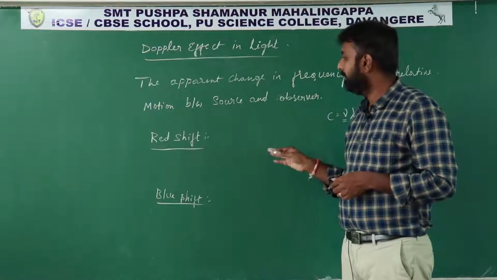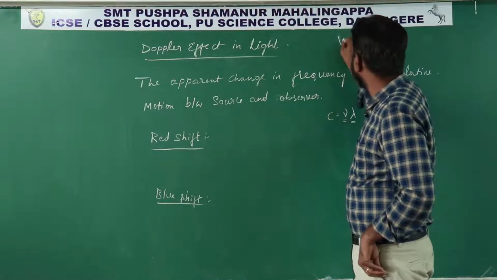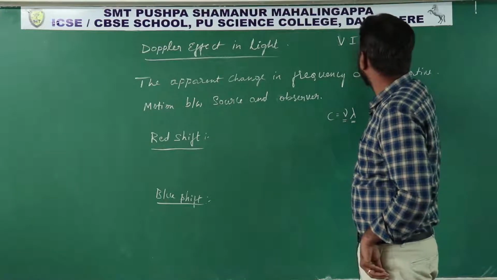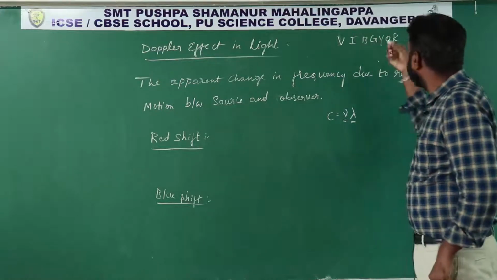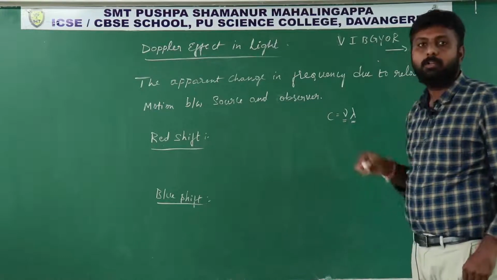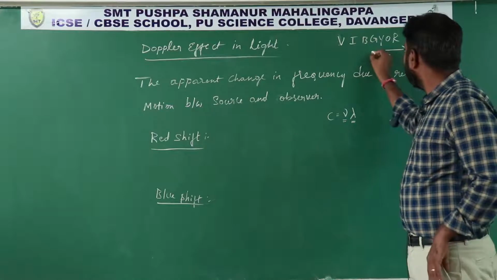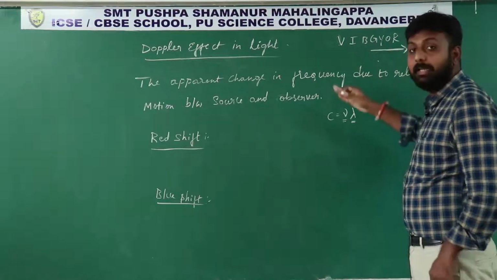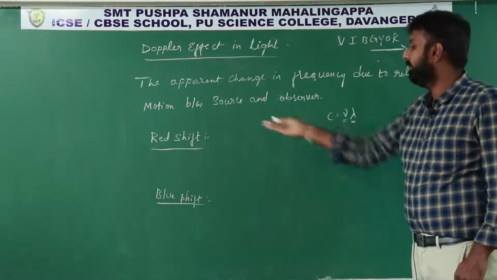Why is it named redshift? You know VIBGYOR, in which red has the most wavelength. So wavelength is increasing means it is shifting towards red color. Hence that shift is called redshift.